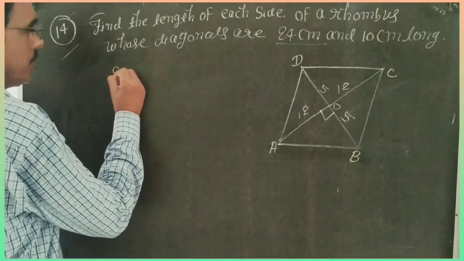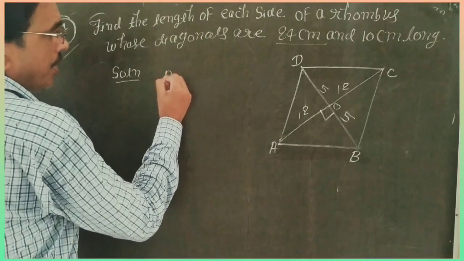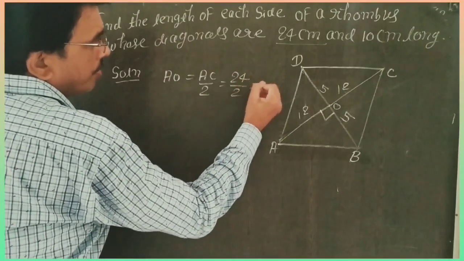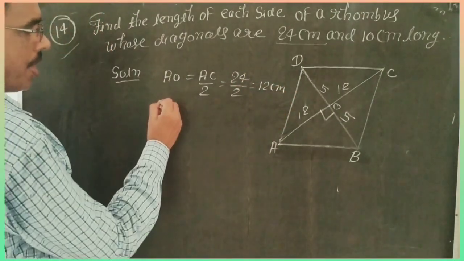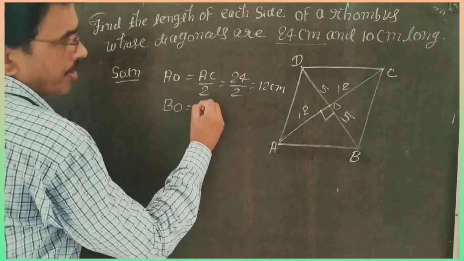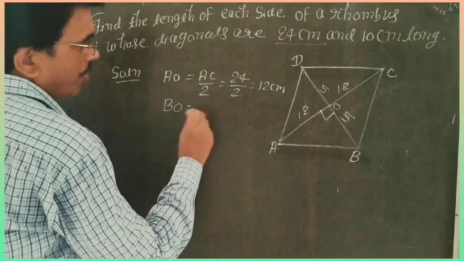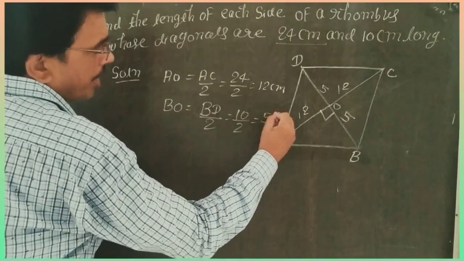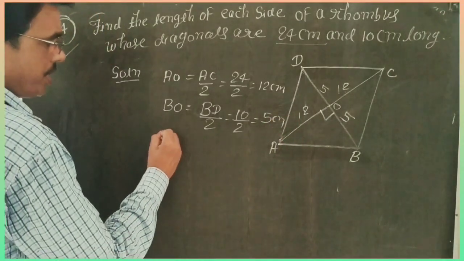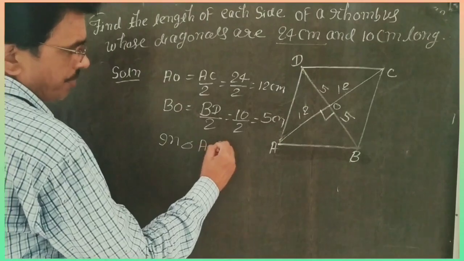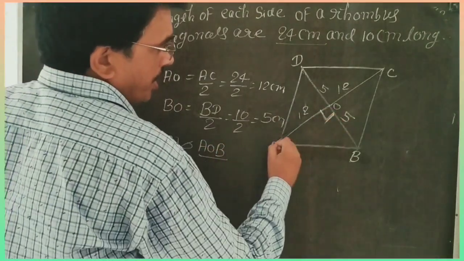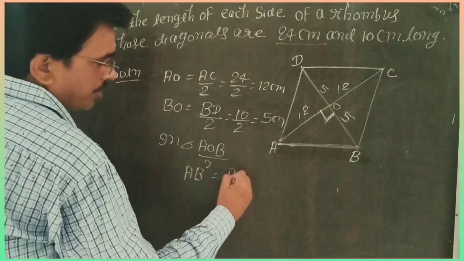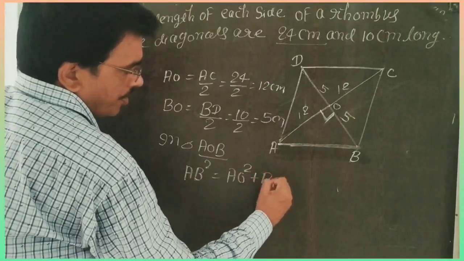So in the solution, you write AO is equal to AC by 2, that is 24 by 2, that is 12 cm, and BO is equal to BD by 2, that is 10 by 2, that is 5 cm. So in triangle AOB, AB is the hypotenuse. So we write AB square is equal to AO square plus BO square.